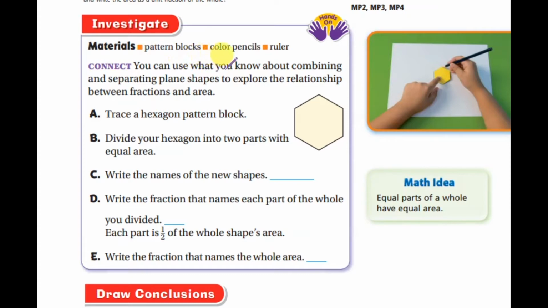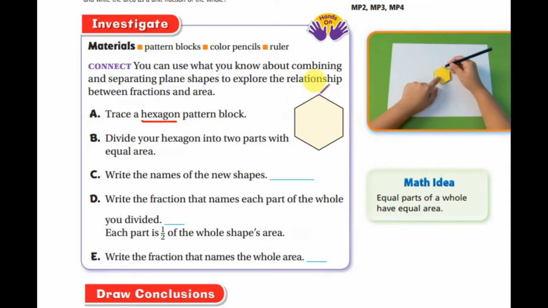So first, you can use what you know about combining and separating plane shapes to explore the relation between fractions and area. For example, I have this shape. This shape has 6 sides, so it is called a hexagon. First, he wants me to divide the hexagon into 2 parts with equal area.